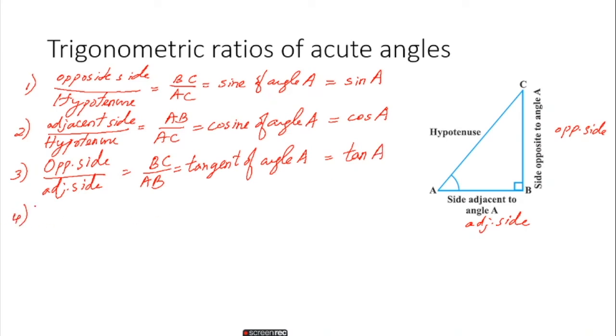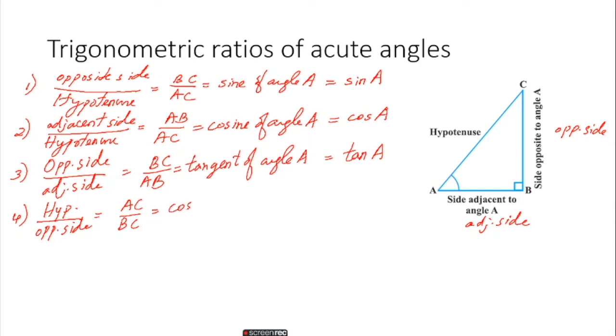Now there is a fourth trigonometric ratio that is just the reciprocal of the first ratio, sin A. So what is that? Hypotenuse divided by opposite side. So that will be AC divided by BC.